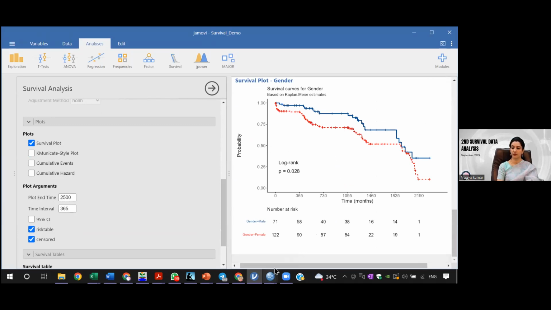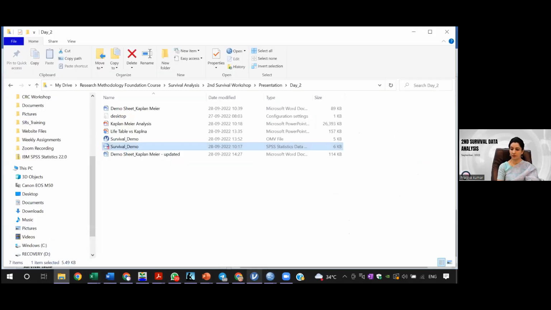So that's how, and if you have to write the interpretation, what I need to do is open an updated table. So I'll just close this.